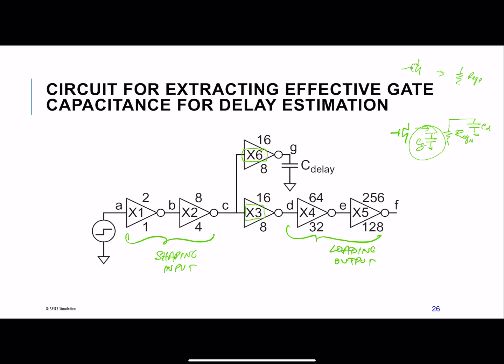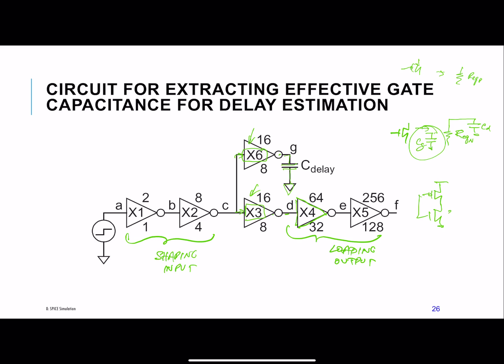The size for this inverter and this inverter is exactly the same, and they're being driven by the same input. The difference is that this inverter on top is driving a perfect capacitor, and this inverter is driving this device, which is the C sub G of this very large inverter.